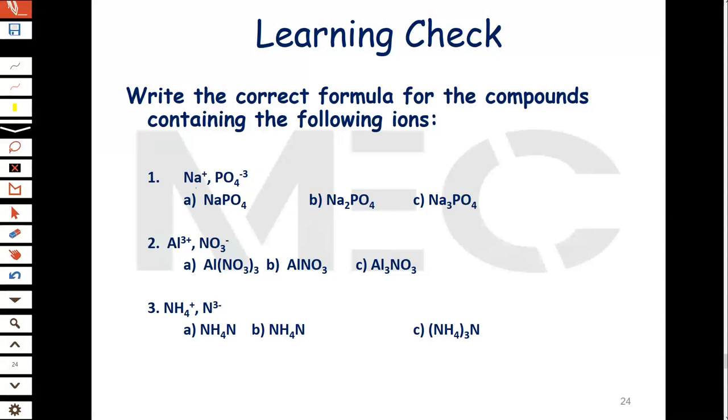How many sodium ions are needed to neutralize this compound? 3. So I will choose choice C because 3 sodiums are needed to balance 1 phosphate. So the name will be sodium phosphate.